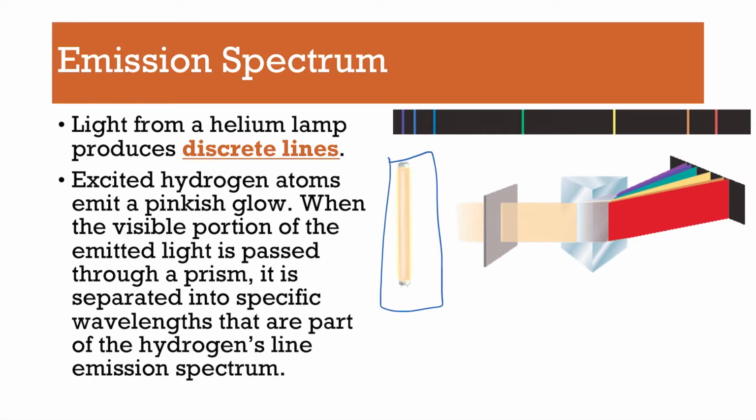So when it is excited and the electric current is going through it, the electrons are getting excited and jumping up, falling back down and releasing energy in the form of light. You can mark what specific wavelengths come out, and that's what these lines represent. Those are the wavelengths of colors that make up the hydrogen gas.